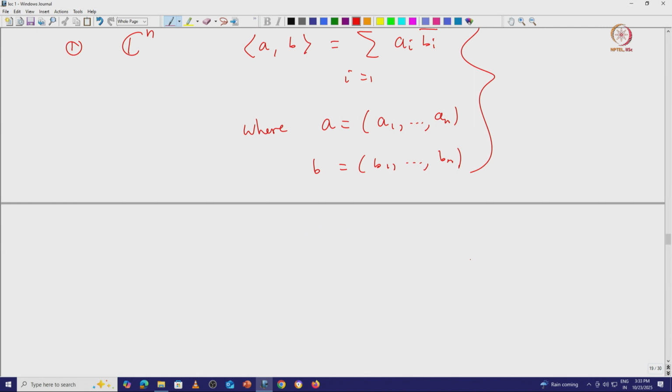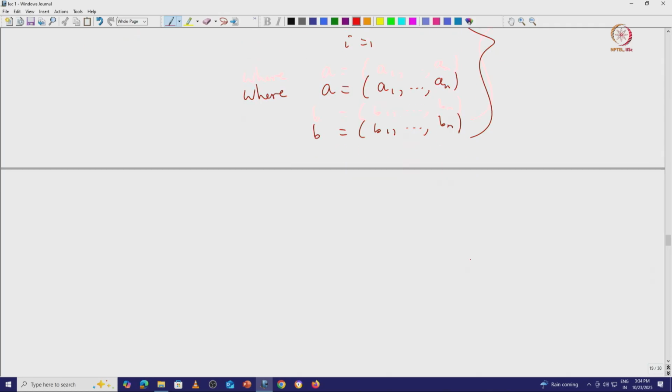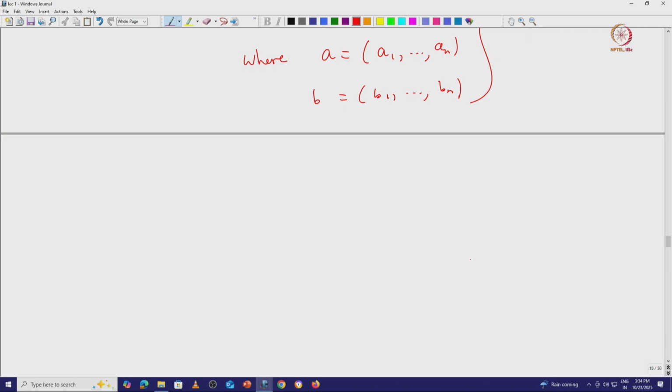We will actually be working with a slightly different space, which is a free vector space on a finite set. I do not want to get into the definition of a free vector space, but I will just define the space.